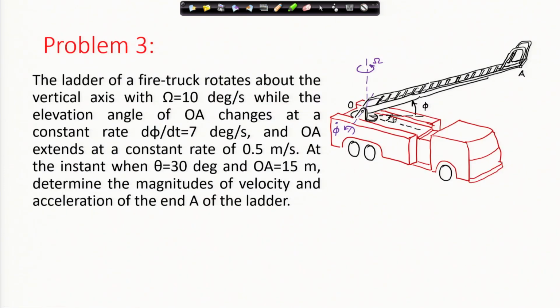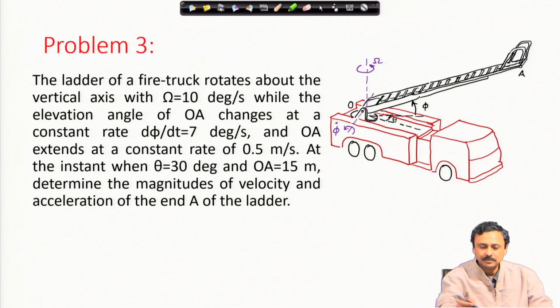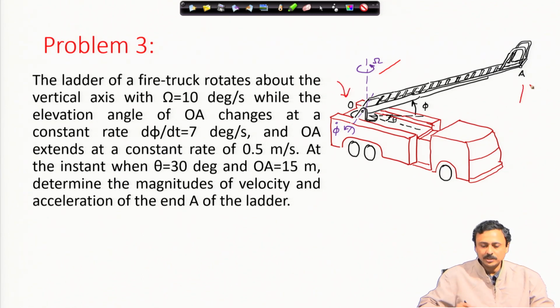Let us look at a problem in cylindrical polar coordinates. This problem says that a ladder of a fire truck rotates about the vertical axis with omega of 10 degree per second, as shown here, while the elevation angle of OA, so O is here, A is here, changes at a constant rate of 7 degree per second and OA extends at a rate of 0.5 meter per second.